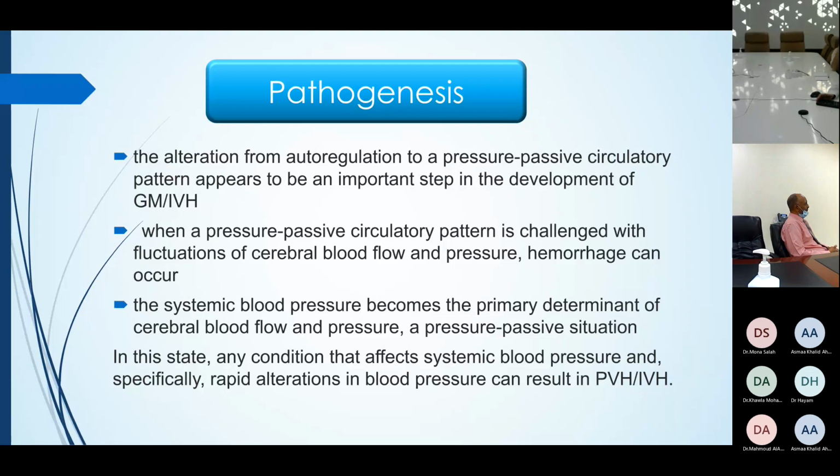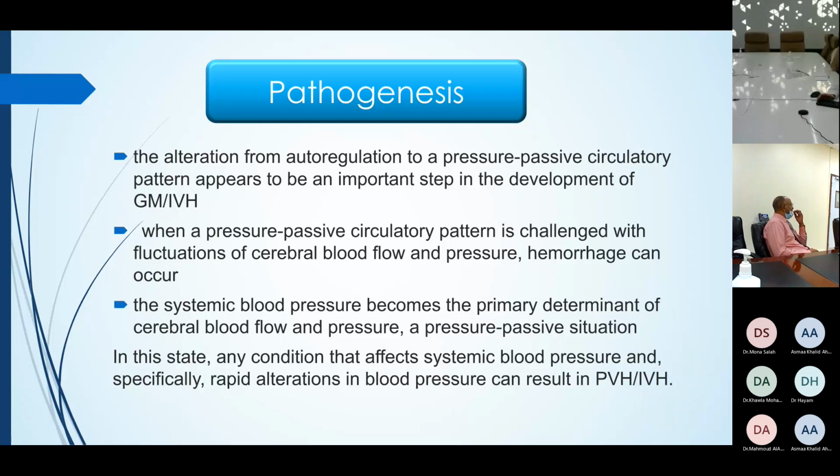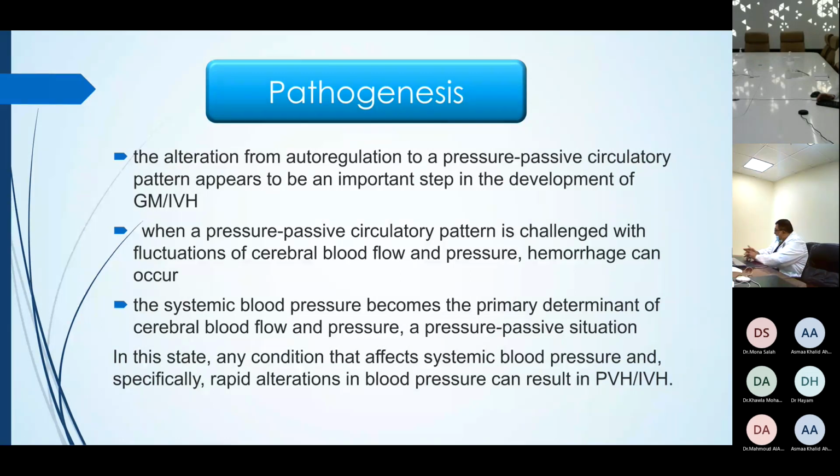When a pressure-passive circulatory pattern is challenged with fluctuation of cerebral blood flow and pressure, hemorrhage can occur. The systemic blood pressure becomes the primary determinant, so cerebral flow depends on the systemic blood pressure instead of the normal autoregulation. In this state, any condition that affects systemic blood pressure, and specifically rapid alteration in blood pressure, can result in IVH.